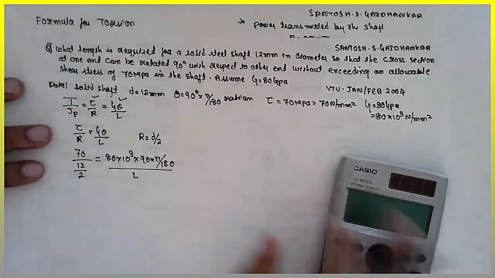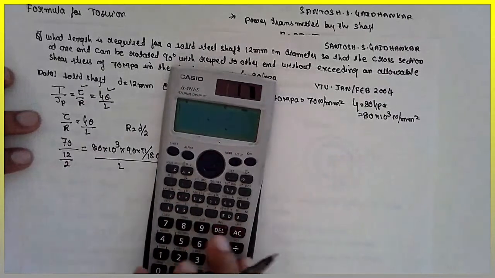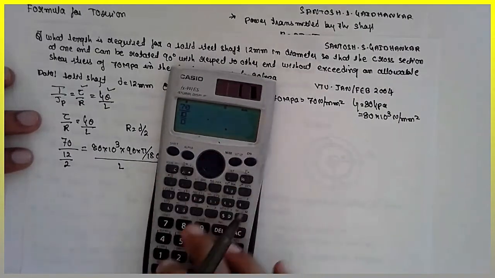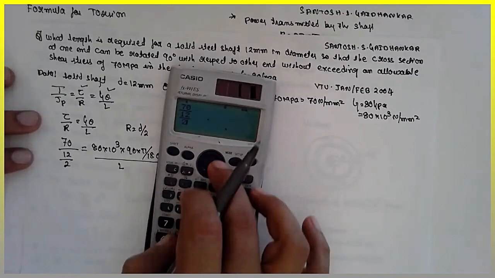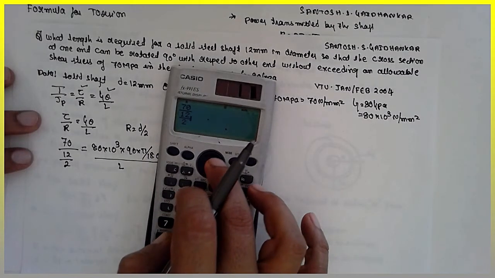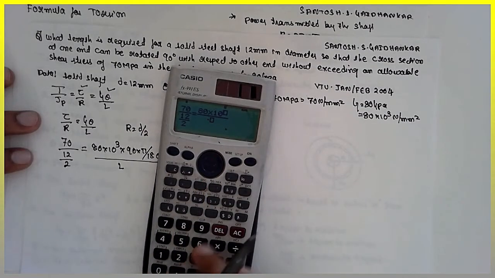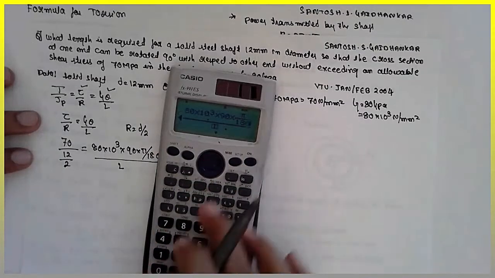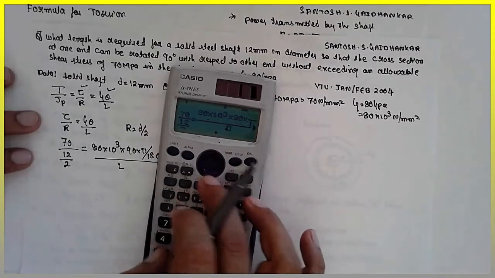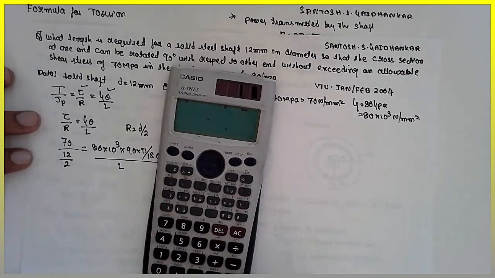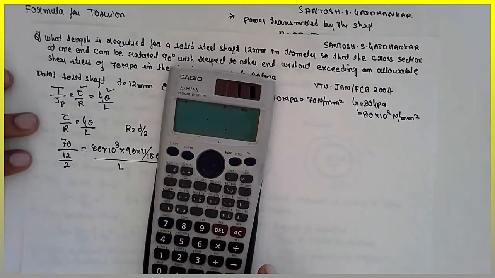What we have to find out is the length here. Now with the help of a calculator, you can solve it. 70 divided by 12 divided by 2 is equal to 80 into 10 raised to 3 into 90 into pi divided by 180 divided by L. Use alpha x, shift solve, equal to, and you will get the answer here.